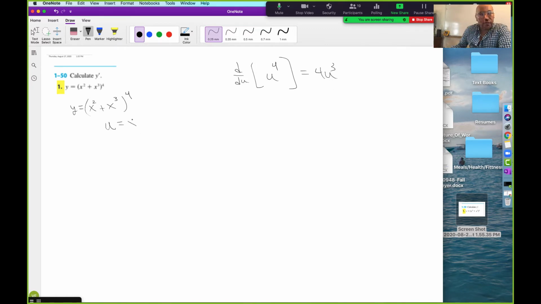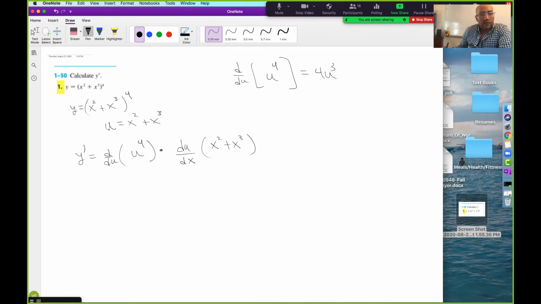Let u equal x squared plus x to the third power. Good. So that means that my derivative is going to be equal to the derivative with respect to u of u to the fourth power, times the derivative of u with respect to x, where u is x squared plus x to the third power.